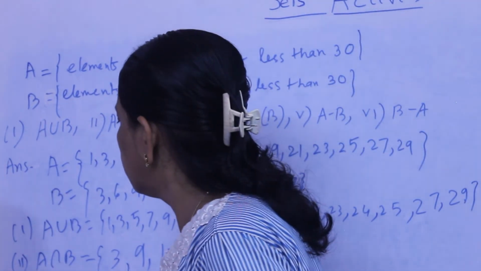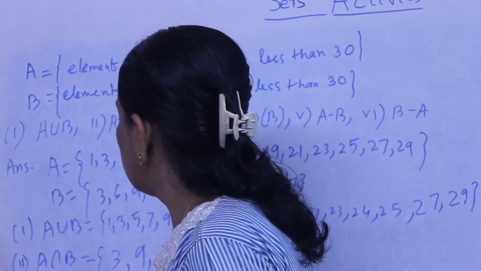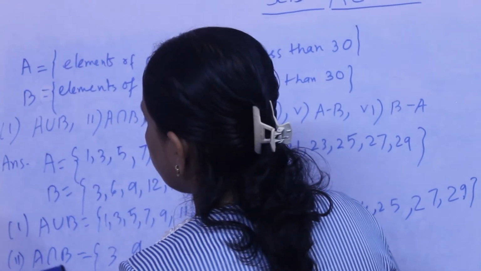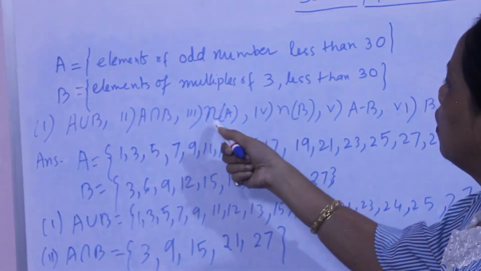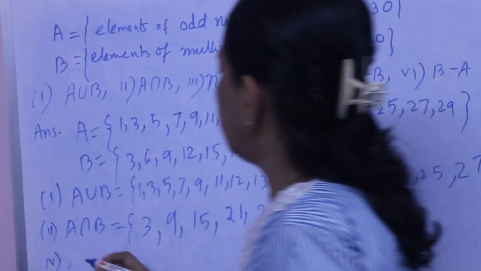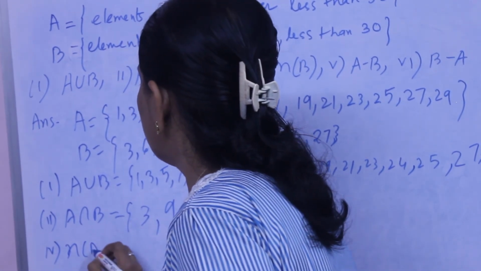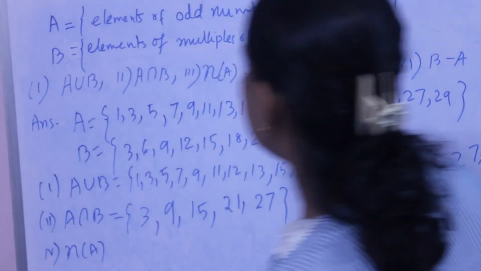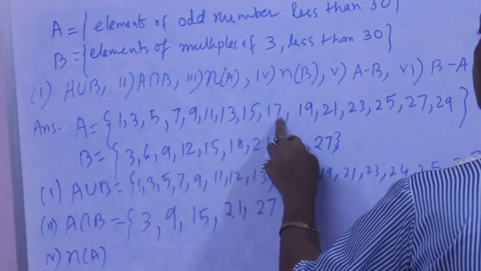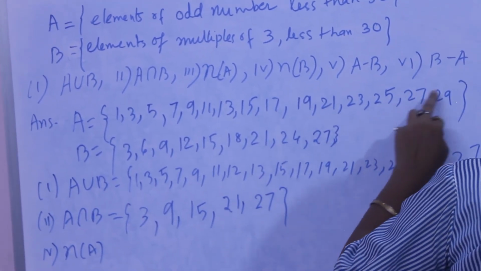Now you have to find the cardinality of set A, that is n(A). That means the number of elements in set A. So 1, 2, 3, 4, 5, 6, 7, 8, 9, 10, 11, 12, 13, 14, 15.